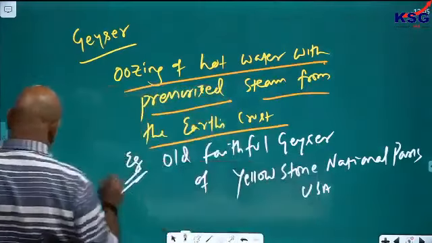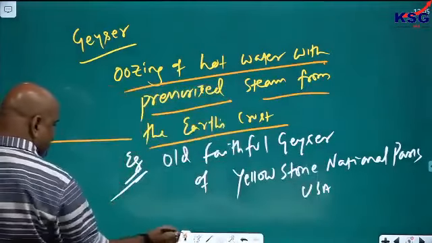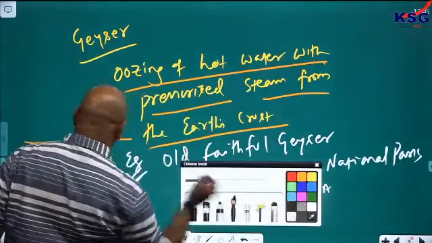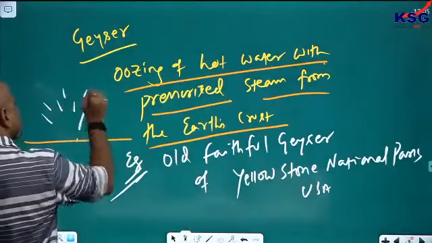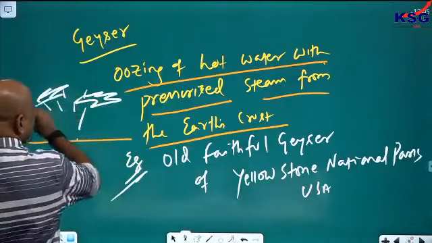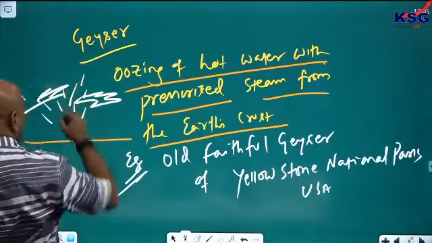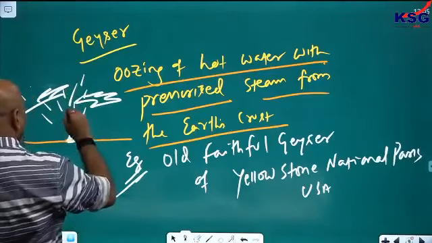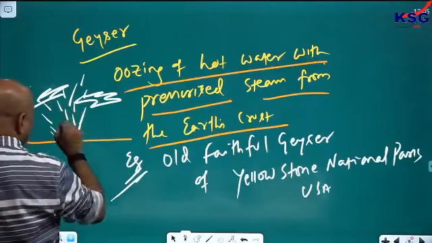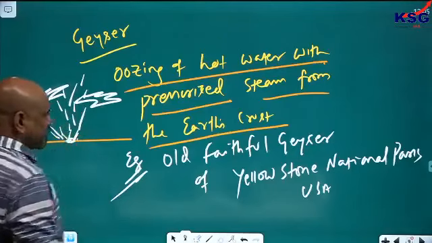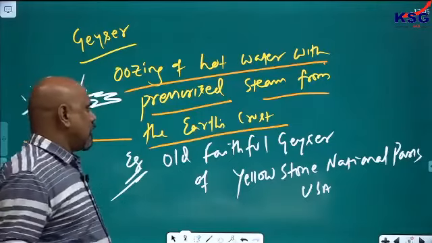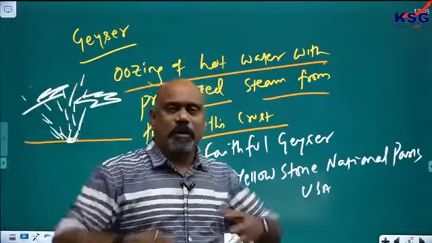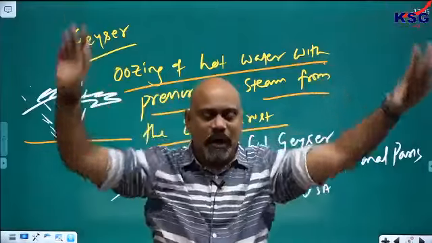So what happens here in a geyser? If this is a geyser, it will have pressurized steam and hot water. They throw out from this one source, maybe in a periodic form. Steam as well as hot water is thrown up to a greater height.